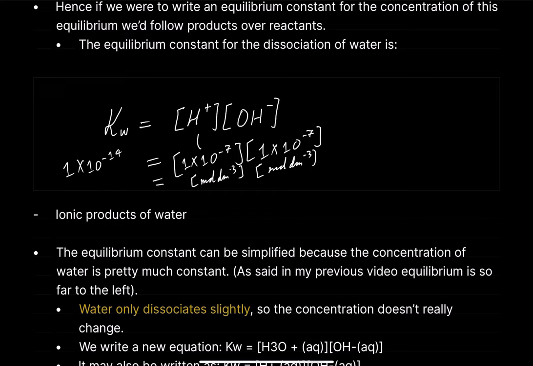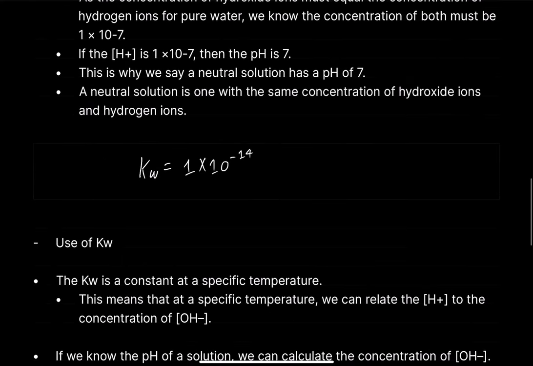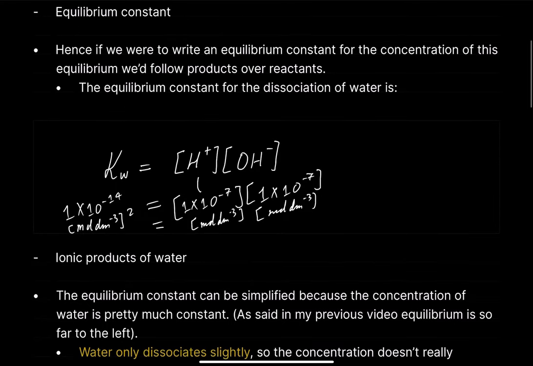If you multiply moles per dm cubed by moles per dm cubed, essentially what you have is moles per dm cubed squared, or moles squared dm to the power of minus 6. Now coming back to this point here, I think maybe I didn't explain this point well. If we had it like this, what I said was true in terms of the fact that it's like this.